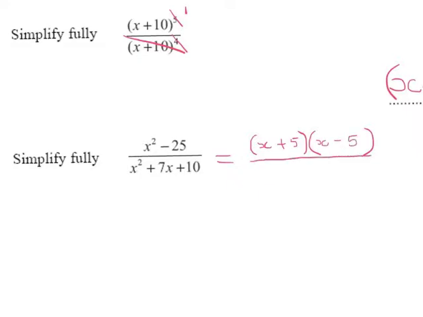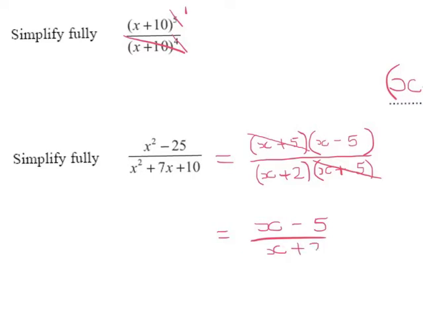And on the bottom we're going to have a quadratic factorised, and we're going to have x and then 5 and 2, just to double check that. x times x is x squared, 2 times 5 is 10, 2 times x is 2x, 5 times x is 5x, and they would add together to make 7x. Now the trick here is that we need to cancel the common factors. Well, the common factors are x plus 5. So our solution is going to be x take away 5 over x plus 2.